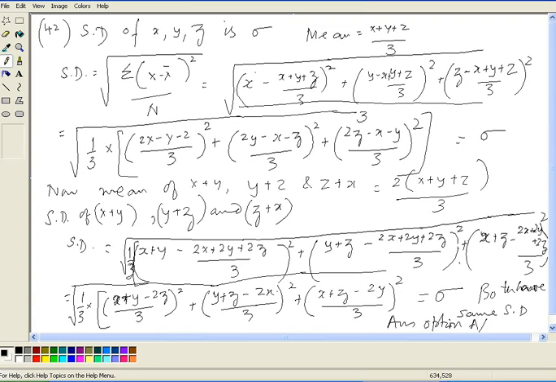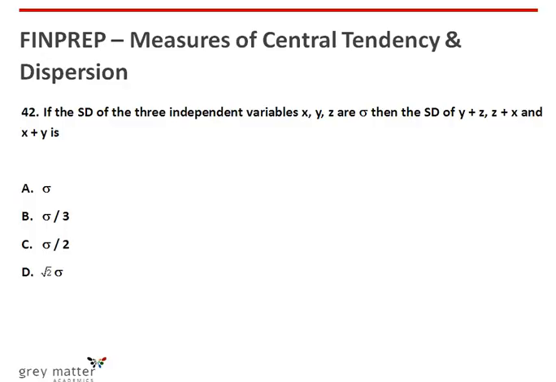Hence we find that both have the same standard deviation sigma. So the answer is option A. Going to our PowerPoint presentation, option A, which says sigma.